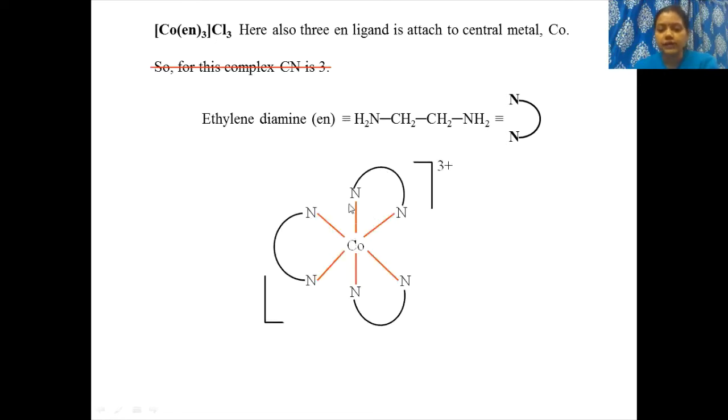So cobalt is attached with the two nitrogen atoms of one ethylene diamine. The total number of bonds formed is 6, with six nitrogen atoms of the three ethylene diamine molecules. So the coordination number in this case is also 6.